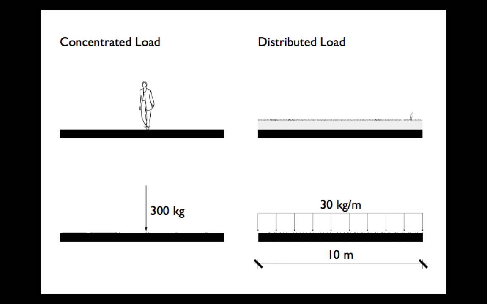A distributed load would be more like a grass roof, or a storeroom that has boxes spread all over it, where we're really using the full area of a floor to spread that load out. And we might think about the total magnitude, the total weight of all of those boxes, but we'll think about it more in terms of the number of pounds per square foot, or if we're designing a beam, the number of pounds per linear foot when we're thinking about distributed loads.